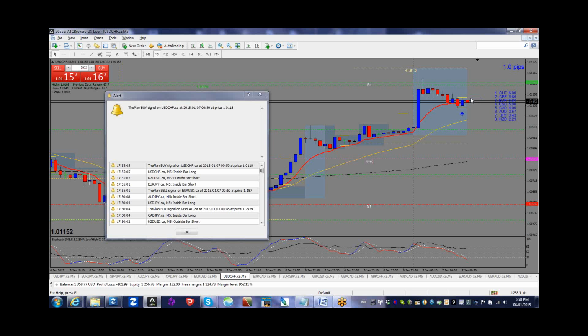If it breaks on the very next candle, it's almost a guaranteed trade. If it breaks on the second candle, it's maybe a 70% trade. If it breaks on the third candle, it's like a 50, 60% type trade. Okay, you understand?